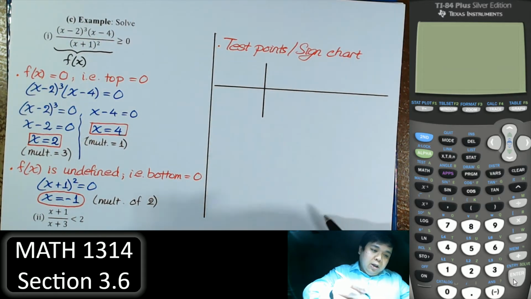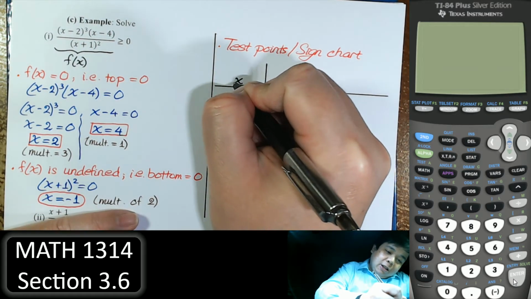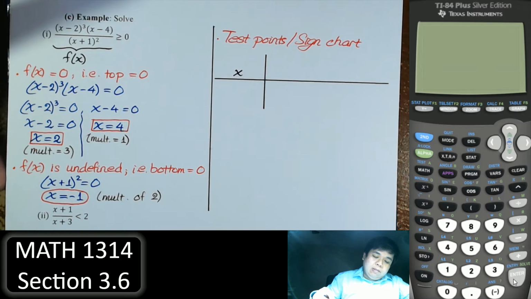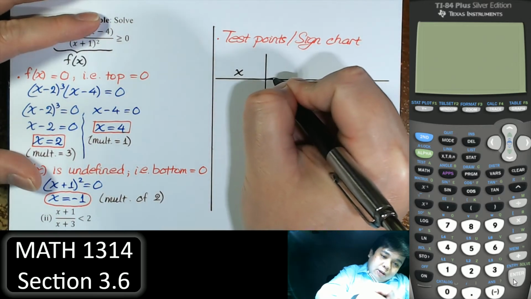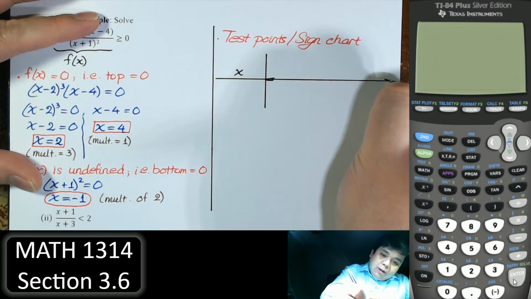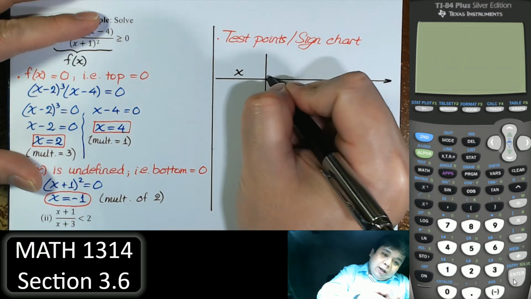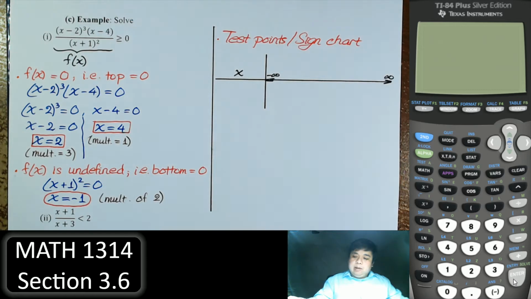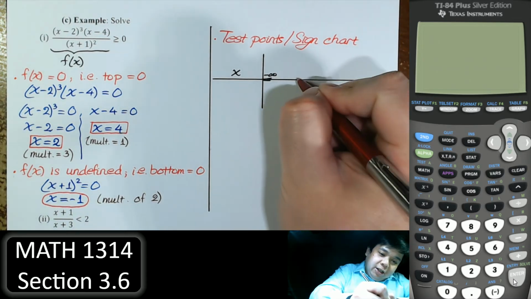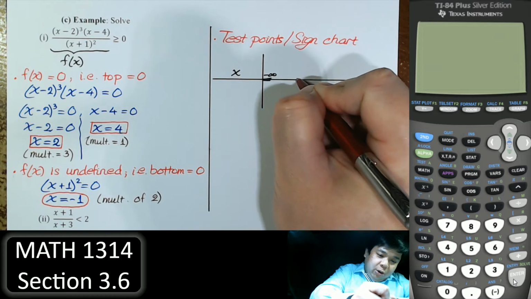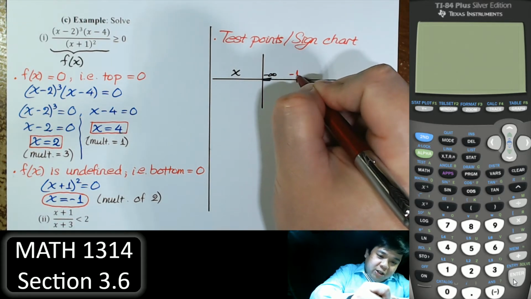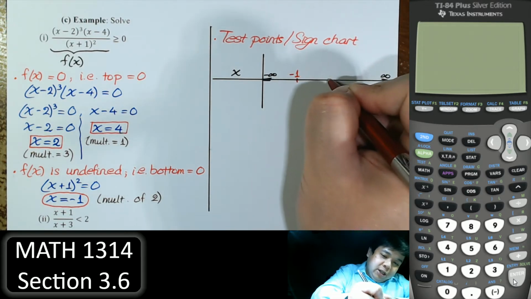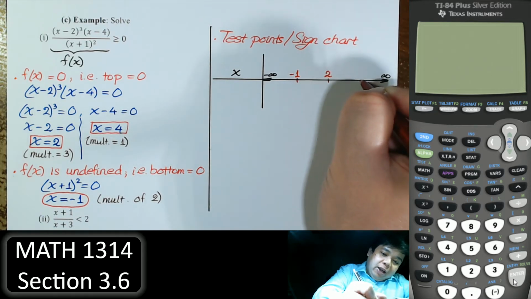We have x from negative infinity to infinity, right? So you have 2 and 4 and negative 1. Put them in the right order. The scale doesn't really matter, just make sure it is in the right order: negative 1, 2, and 4.